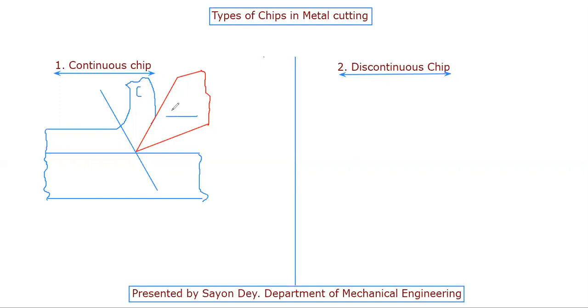This is our direction of tool, and this is our workpiece. And I have already told this is a continuous type of chips.